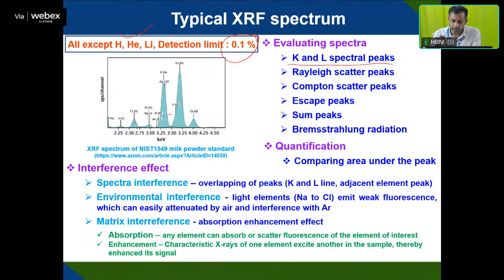But there is some difficulty because of interference effects in the spectra. Sometimes the K and L lines of adjacent elements overlap, which is difficult to subtract. There is also environmental interference: elements like sodium and chlorine emit very weak fluorescence, which can easily be attenuated by interference from the air or argon atmosphere inside.